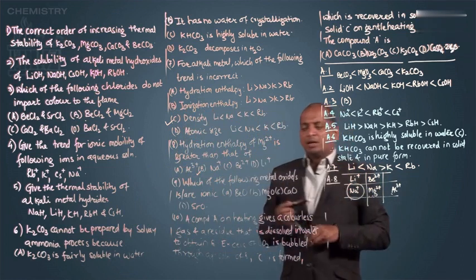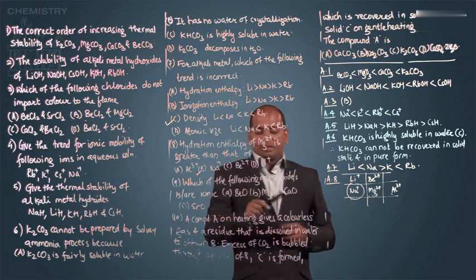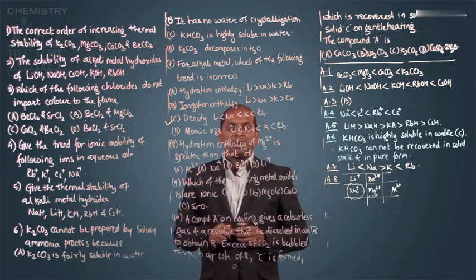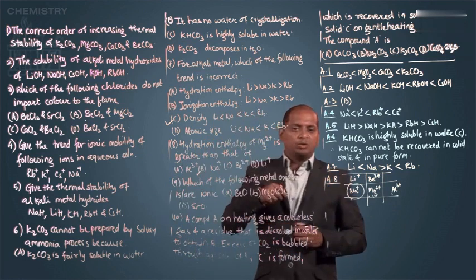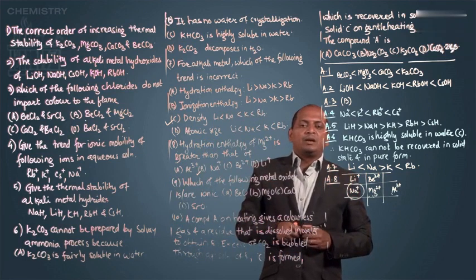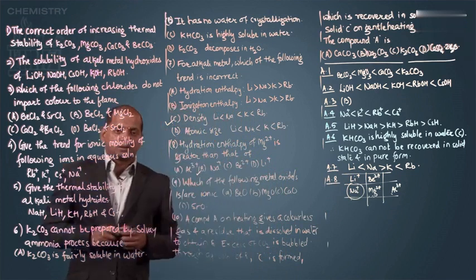Now next question. Which of the following metal oxides is or are ionic? Now as we know, moving down the group, ionization potential decreases, electropositivity increases.